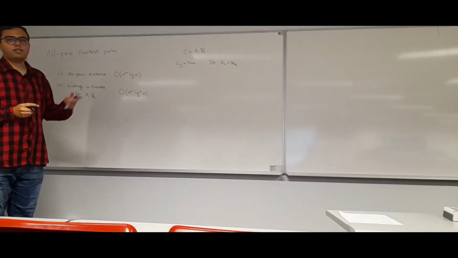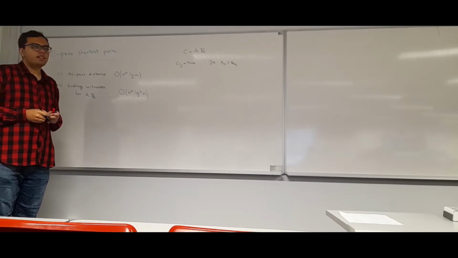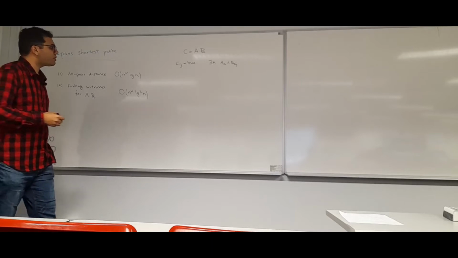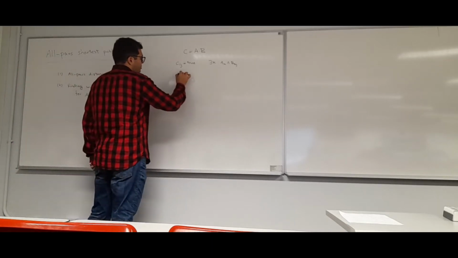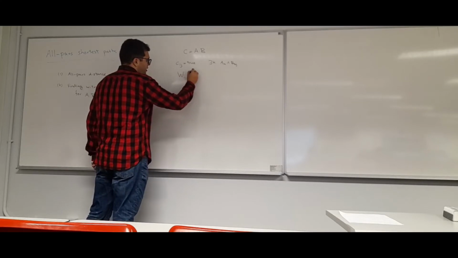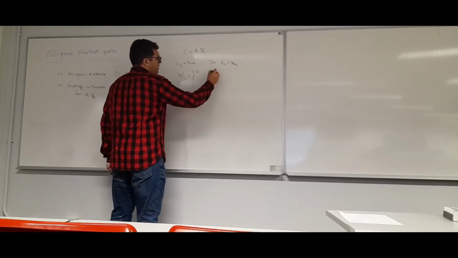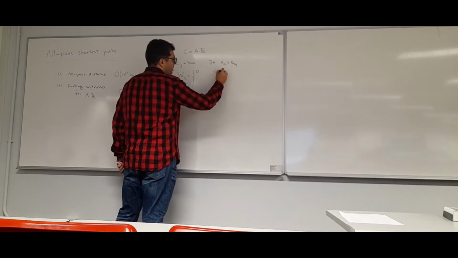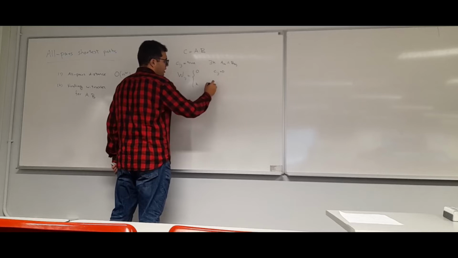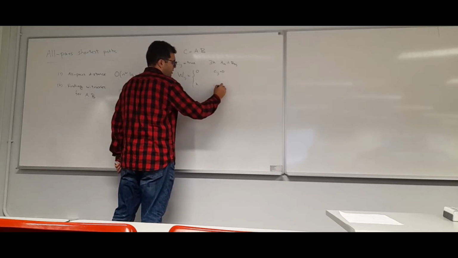And this k was called a witness. So in the problem of finding witnesses, we wanted to find some other matrix W such that Wij is 0 if Cij is 0, and it's some number k, the witness k, if Cij is not 0.